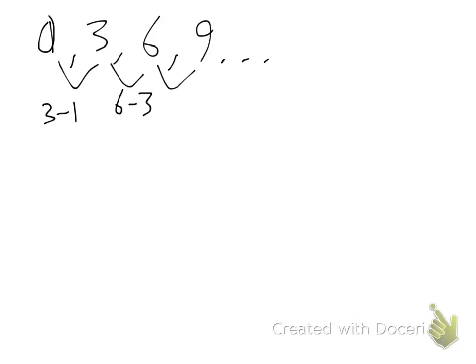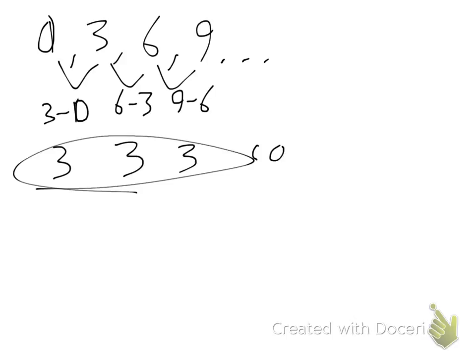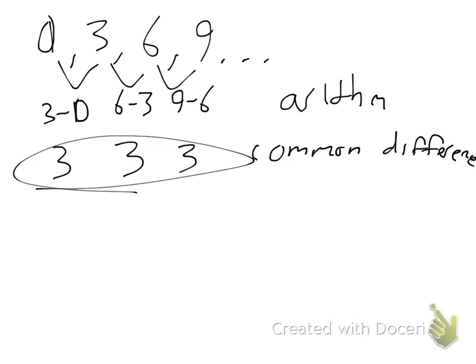What's 3 minus 0? 3. What's 6 minus 3? 3. What's 9 minus 6? 3. This is called a common difference. This is arithmetic. That's the adding or subtracting one.